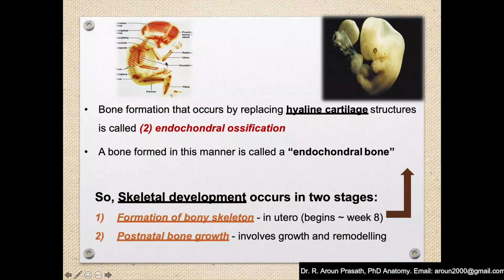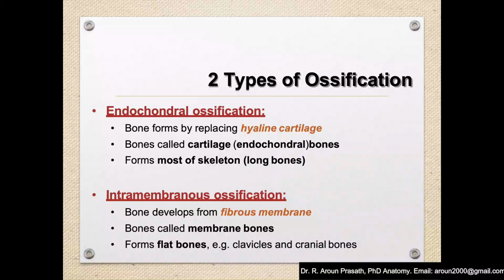You see, this is a fetus where the bones are in the form of cartilage. It is not a bone. From this cartilage, the chondrocyte cells are replaced by osteocyte cells. As I told you, it begins from week 8, and up to 22 years the person grows, the bone keeps growing.